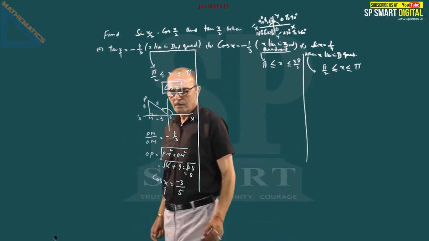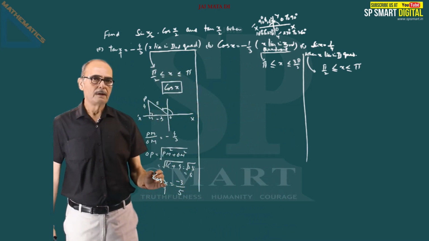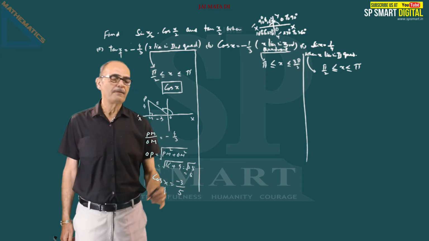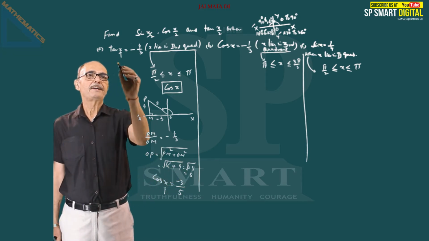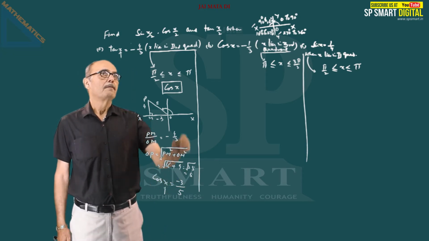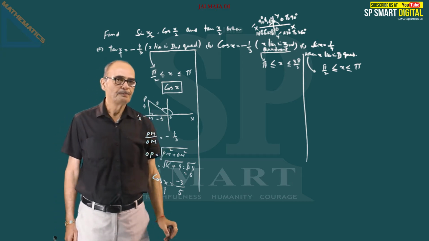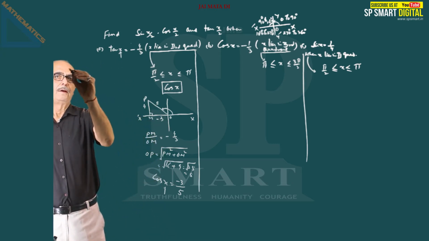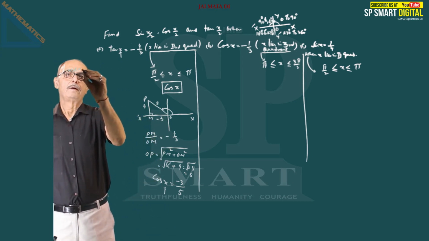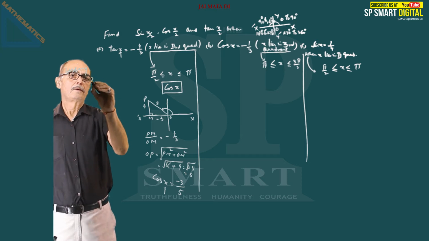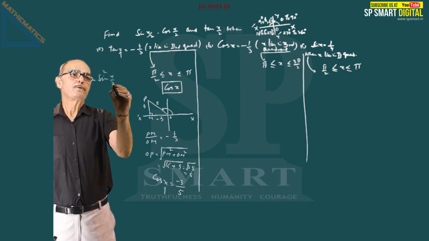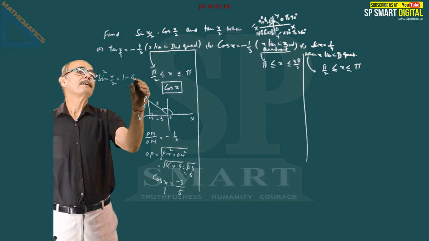Now, having found cos x equal to minus 3 by 5, for finding sin x by 2 we use 2 sin square x by 2 equals 1 minus cos x.